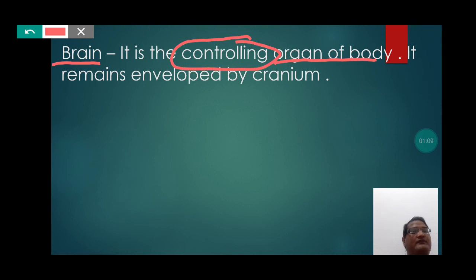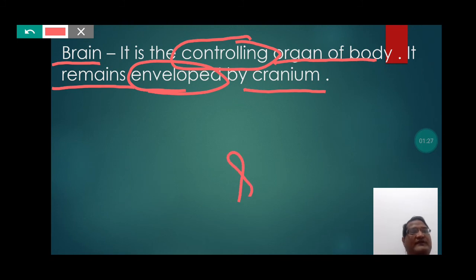So its brain remains enveloped, that is, remains covered by a hard outermost bony structure which we call cranium. So its cranium is also called as skull.